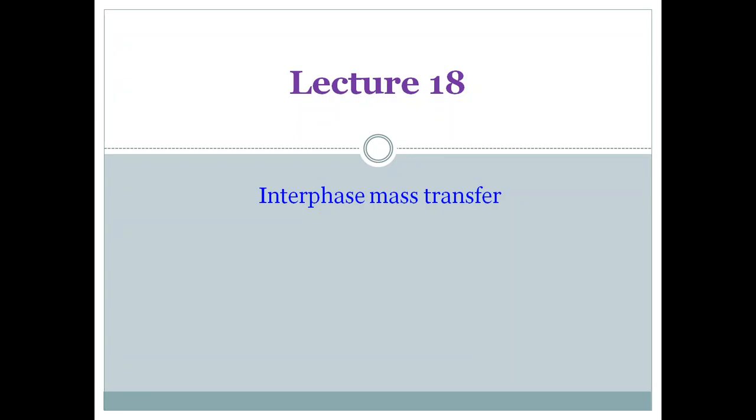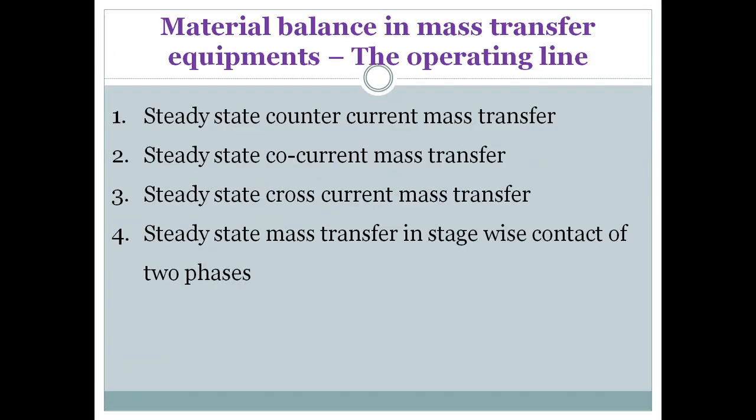Here we are discussing interphase mass transfer. In interphase mass transfer, we are discussing the material balance in mass transfer equipment, and through the material balance we will get the operating line.